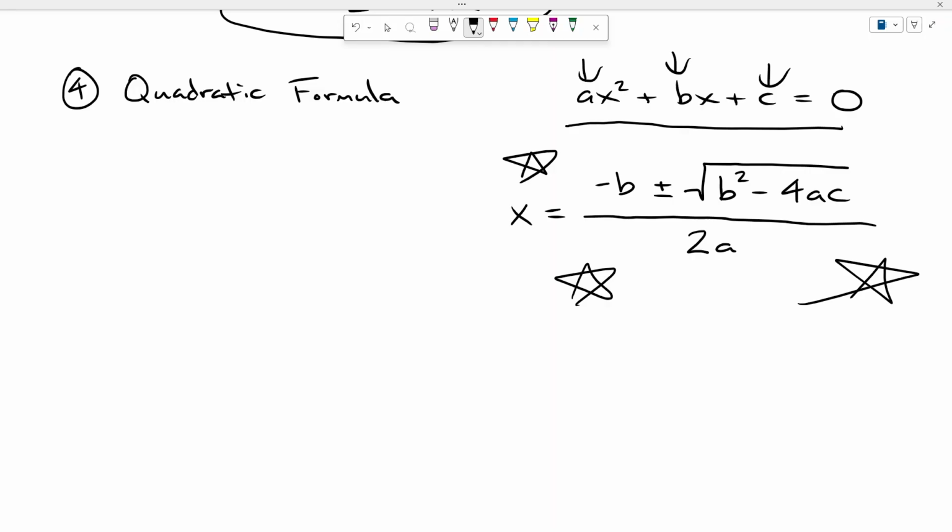The two negatives come together and make a plus. So if you're subtracting your bx, be careful when you input that. You'd have a minus, so it would become positive. So just be mindful of things like that.